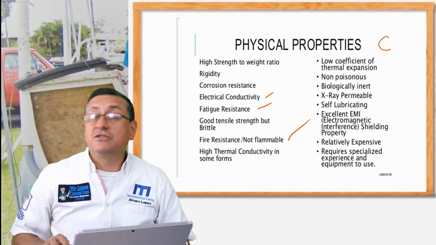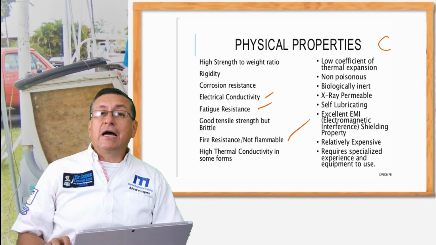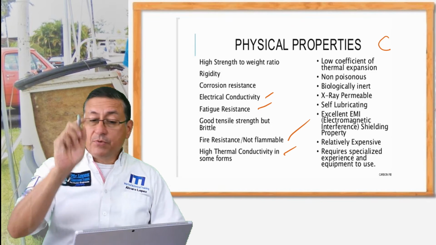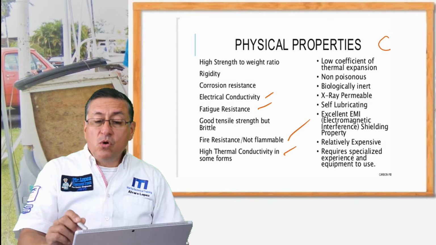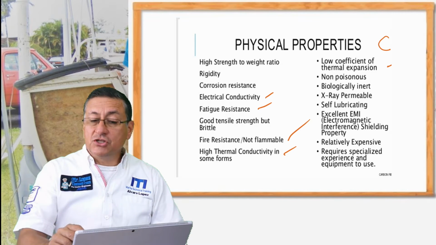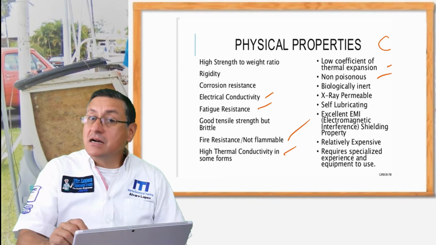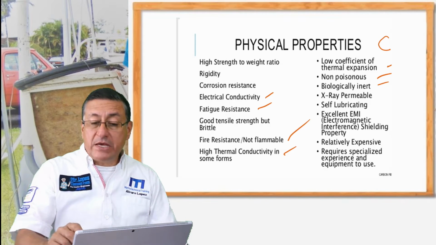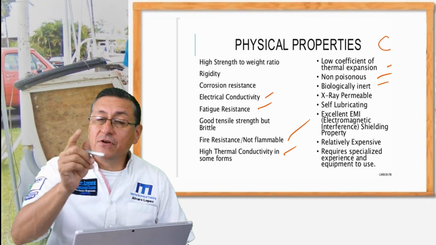Fire resistance, it is not flammable, and it is an excellent high thermal conductor. And another important property, low coefficient of thermal expansion, wonderful. It is not poisonous, is inert, does not react, is permeable to X-rays, is self-lubricated.